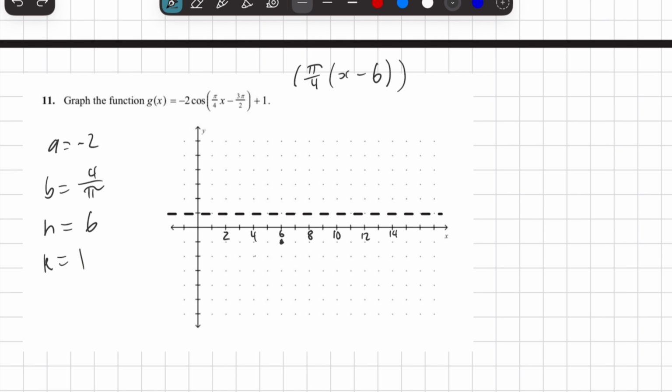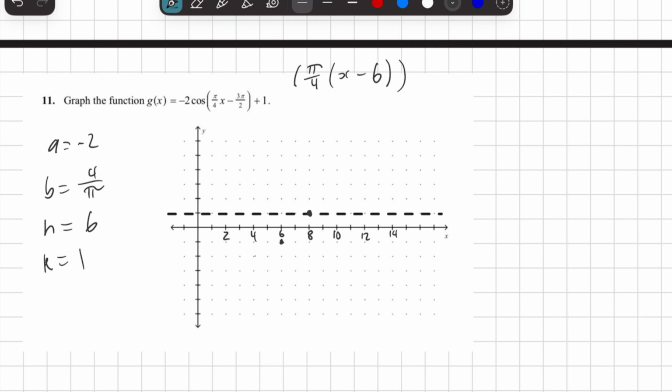Now, in a cosine graph, when our theta is 90 degrees, usually the point is at 0, but we have to go up 1 and over 6. So it's going to be here. Usually when it's at 180, we're at -1, times that by -2 is going to be 2.